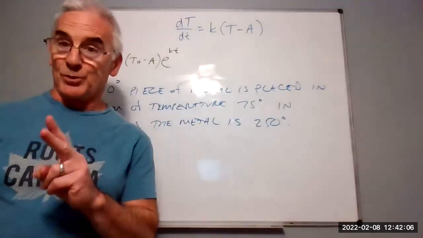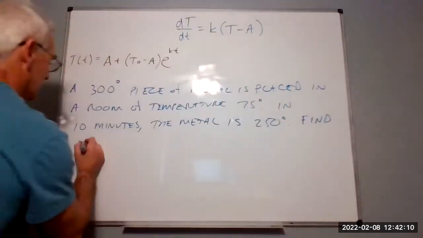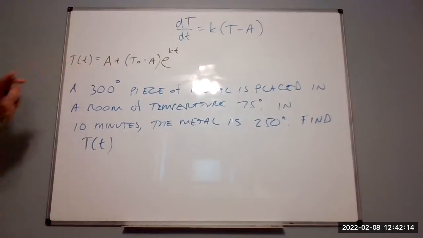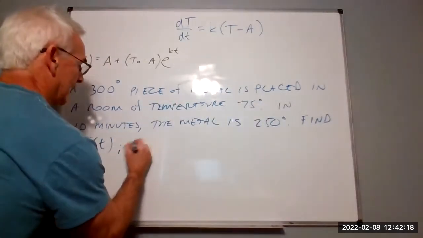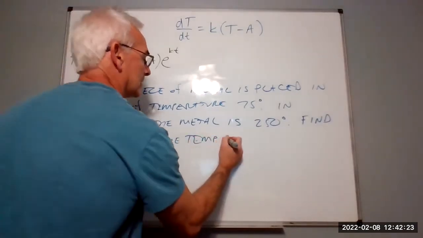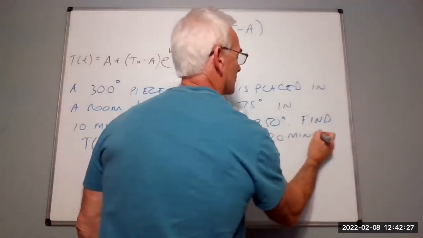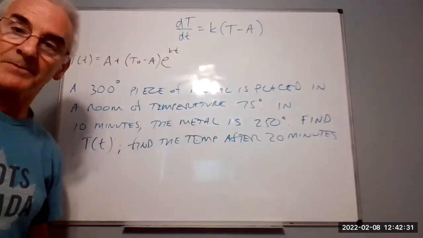So we want to do two things, okay? We want to find T of t. That means we want to find a general equation that always describes this, and also find the temperature after, how about 20 minutes? So we're going to find T of t, and then we'll find T of 20.